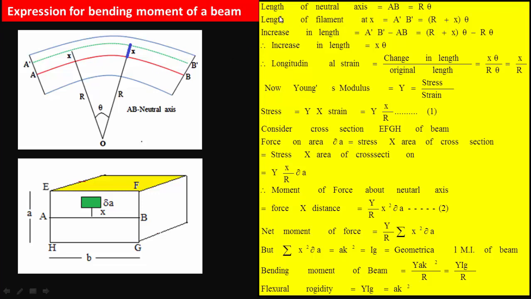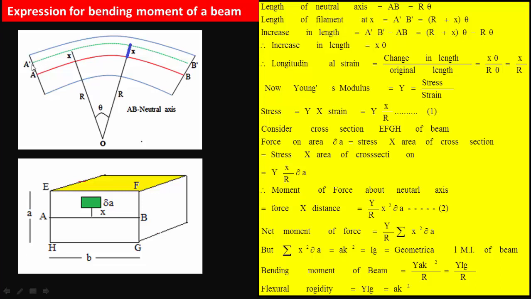Now find out the length of the neutral axis, that is equal to AB, which is nothing but r into theta. Now when we apply the external force on this beam, it gets bent, and we consider the filament A dash B dash. There is no change in length of the filament AB because it is lying in the neutral surface.